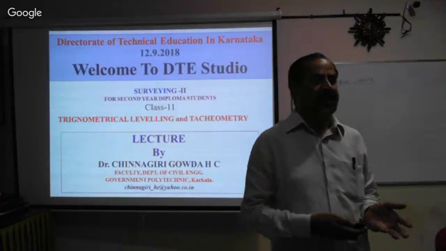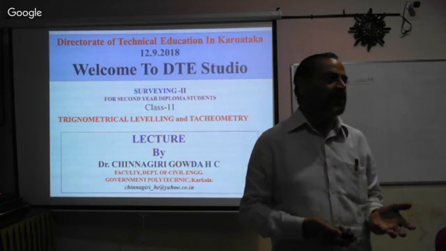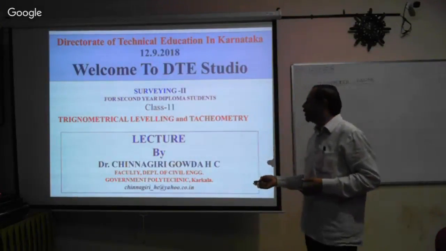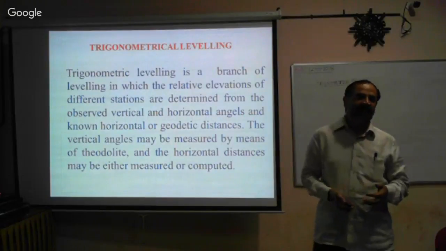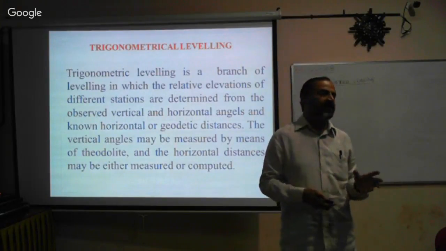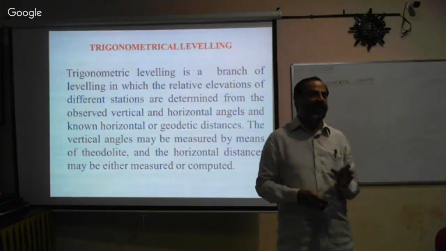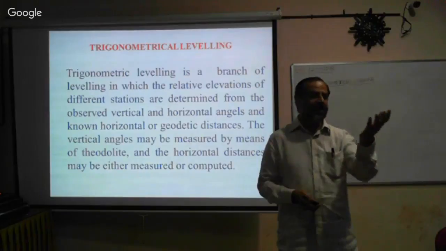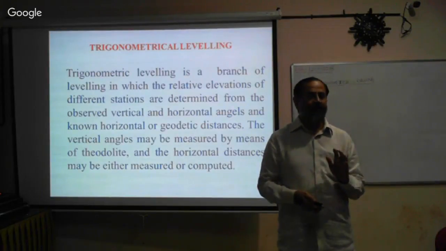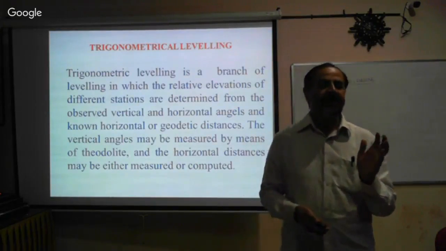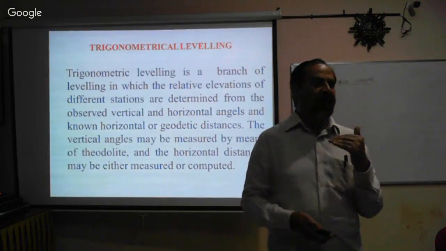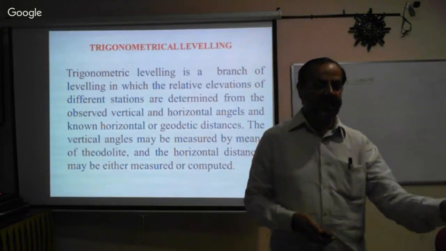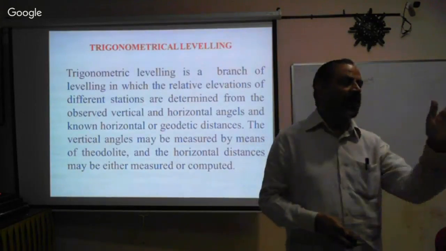Now, there are certain example problems, so let us discuss them. Trigonometrical leveling is the method of determining the elevations of objects and also the distances, by measuring the horizontal angles, vertical angles, and the distances we are able to measure to the object.